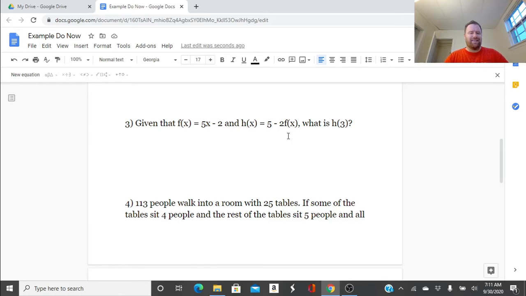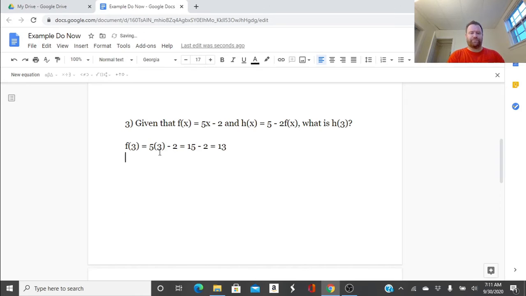Well, since f of x is in the function h of x, we need to figure out what f of 3 is first. So f of 3 is going to equal 5 times 3 minus 2. 5 times 3 is 15, and 15 minus 2 is 13. So f of 3 is 13. Now let's find h of 3.